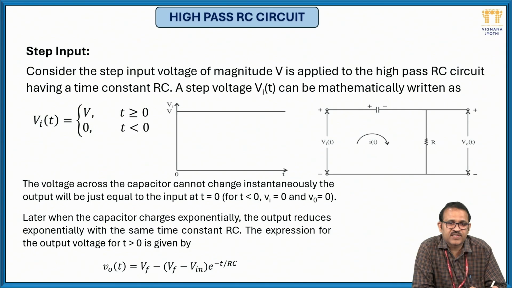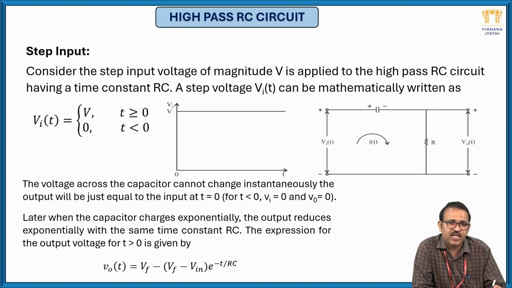The voltage across the capacitor cannot change instantaneously. The output voltage will be just equal to the input at t equal to 0. For t less than 0, VA is 0 and V0 is also 0. Later, when the capacitor charges exponentially, the output reduces exponentially with the same time constant RC.